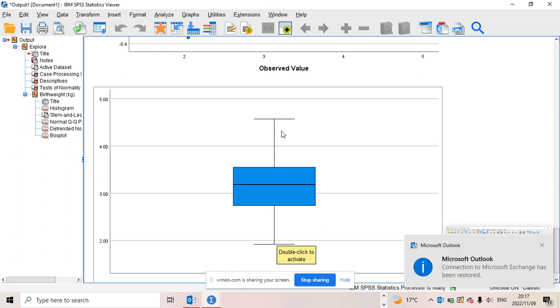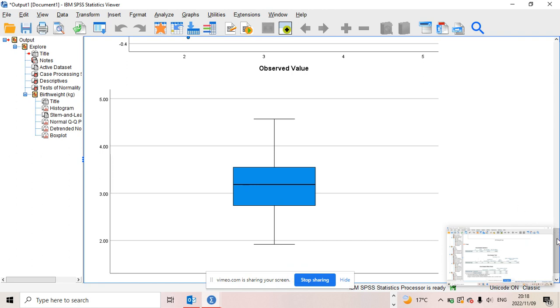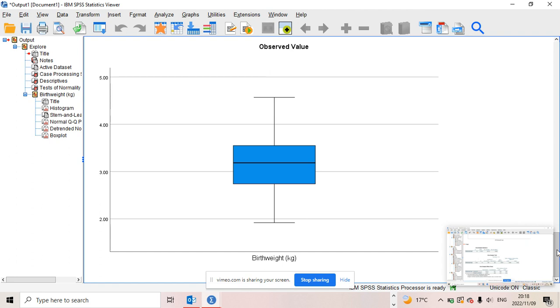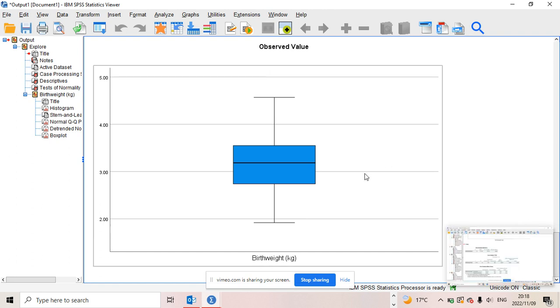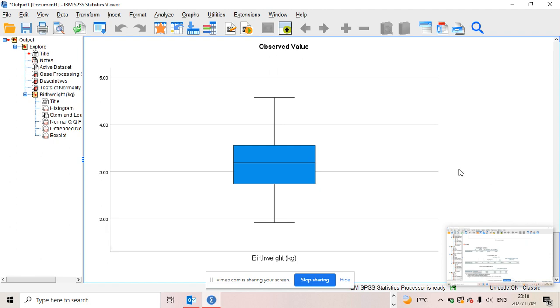As you can see here, it's more or less the same. When you see this line, which is the median, it's fairly at the center, which shows that the distribution is normal, as you can see by this box chart. Then, that is for that.